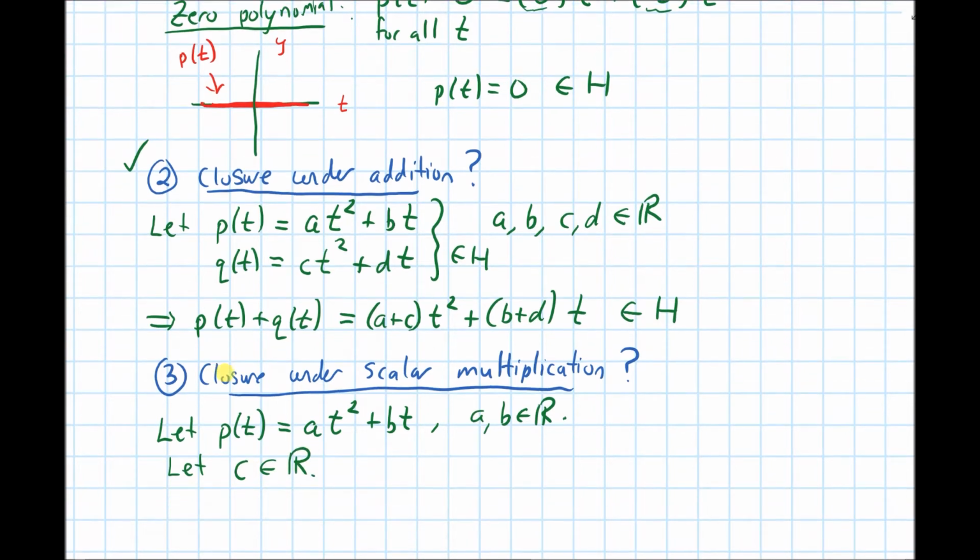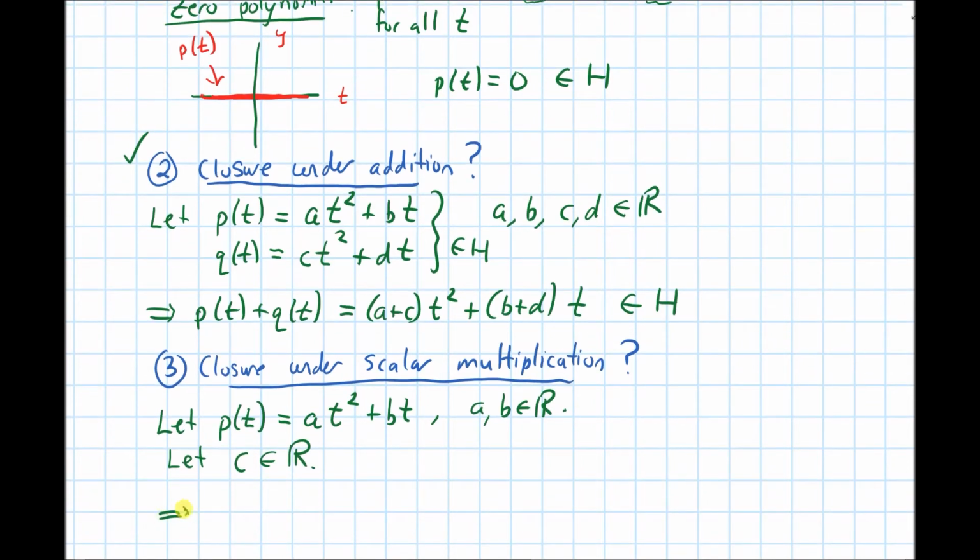And then I need to multiply these together. So when I look at c times my polynomial, I need to see, is this still going to be in my set? Is it still going to be in H? So if I multiply c times at squared plus bt, we can distribute the c.